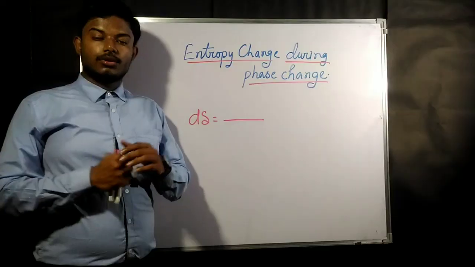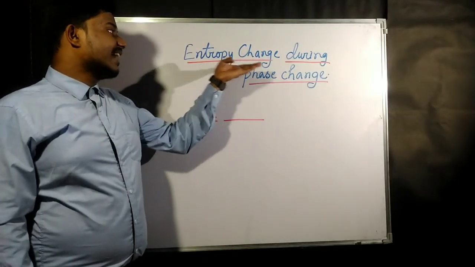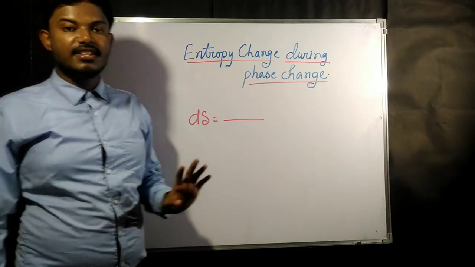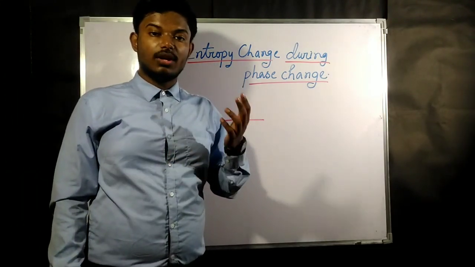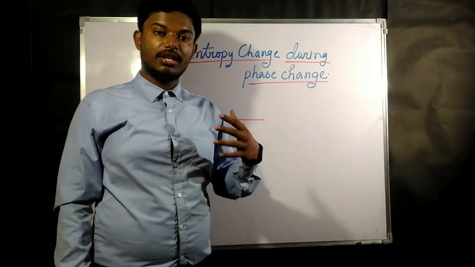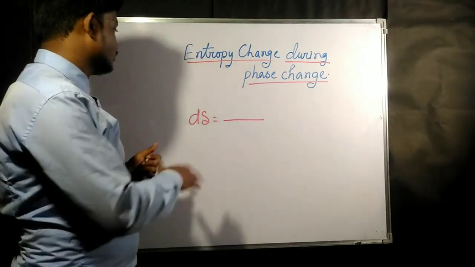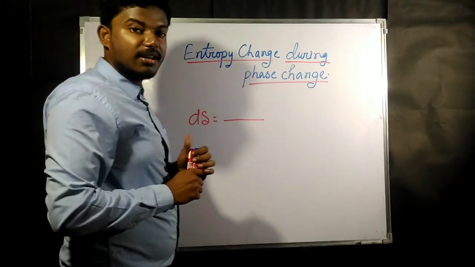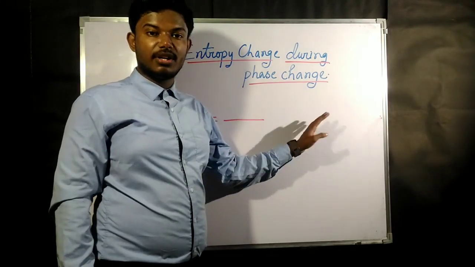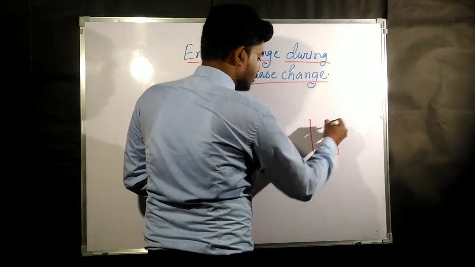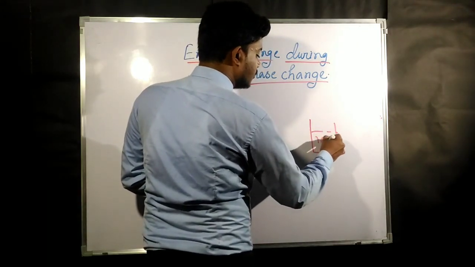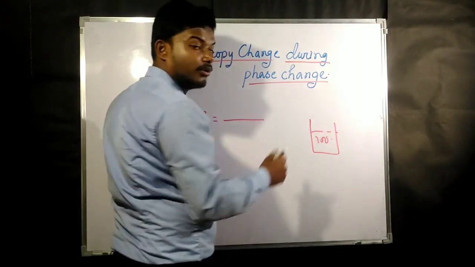Okay, so the next thing we are going to read is entropy change during phase change. Phase change means whenever a substance is converted from liquid to solid, or solid to liquid, or liquid to vapor. Phase change is nothing but the processes of condensation, evaporation, etc. Suppose you are taking some water and you need to evaporate that whole water.